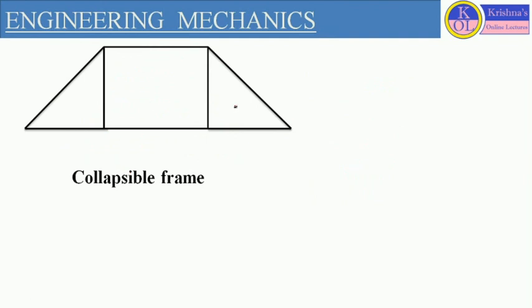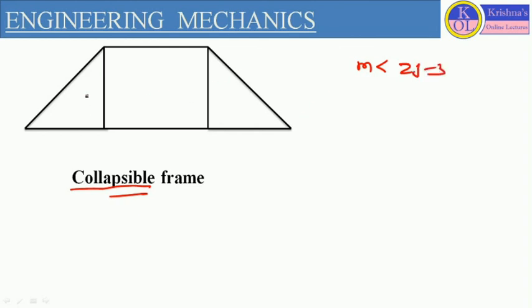Now let's discuss the third type of frame, that is the collapsible frame. So in a collapsible frame, as per the name, we can say this particular frame is not at all suitable. So here we will consider fewer members compared to the required members. So here we will apply the condition m is less than 2j minus 3.